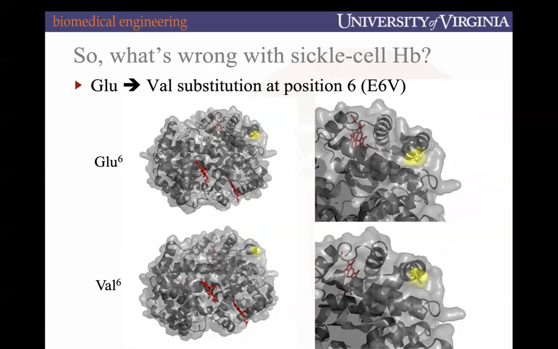We go from a glutamate to a valine. There's a nomenclature that helps us understand amino acid substitutions. It uses the single letter abbreviation for an amino acid. E is the glutamate single letter abbreviation, and the 6 is the amino acid position. So at the sixth amino acid in beta chain, it's usually glutamate, and it's substituted for a valine.